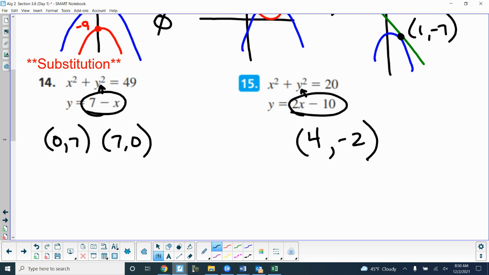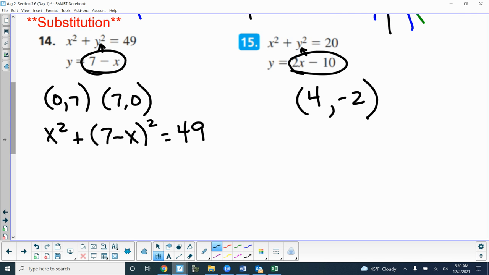Do you need me to show any work for either one of those, 14 or 15? Sure. So I'm going to write x squared plus 7 minus x squared equals 49 when I plug it in. Doing my shortcut, when I square a binomial, you square the 7, you multiply those two together, which is negative 7x, and then double it, times 2, so that's negative 14x.